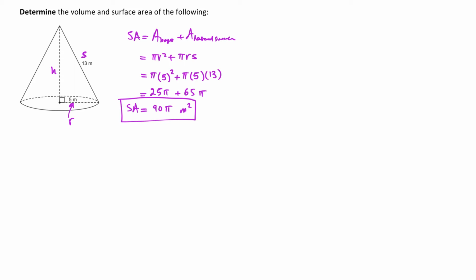So having plugged this into the calculator, I get a value of, I'm going to write it as approximately 282.743 meters squared. So you can right away plug everything into your calculator and get an answer here.